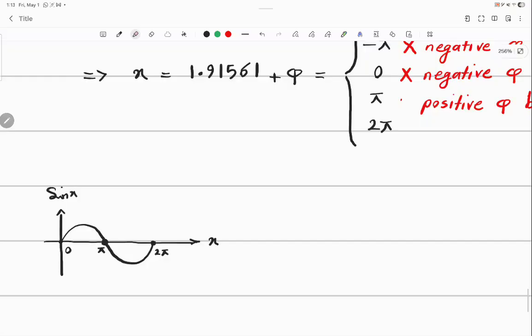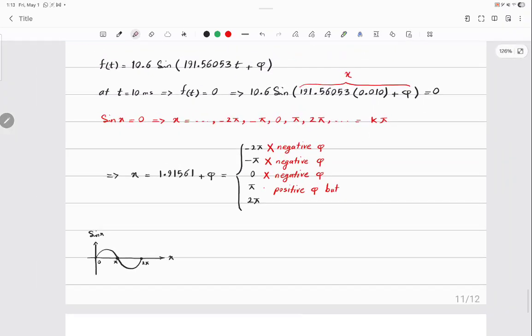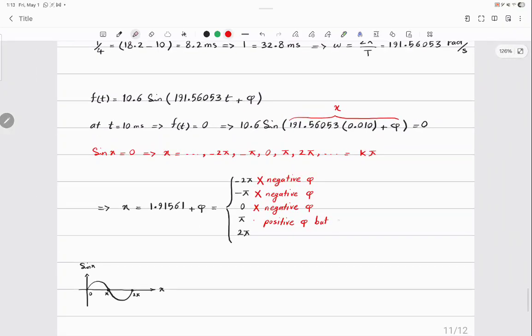At pi, is the function 0 and increasing? No. That's why you should ignore pi, 3 pi, 5 pi. Remember, these are not x. These mean wrong, incorrect.